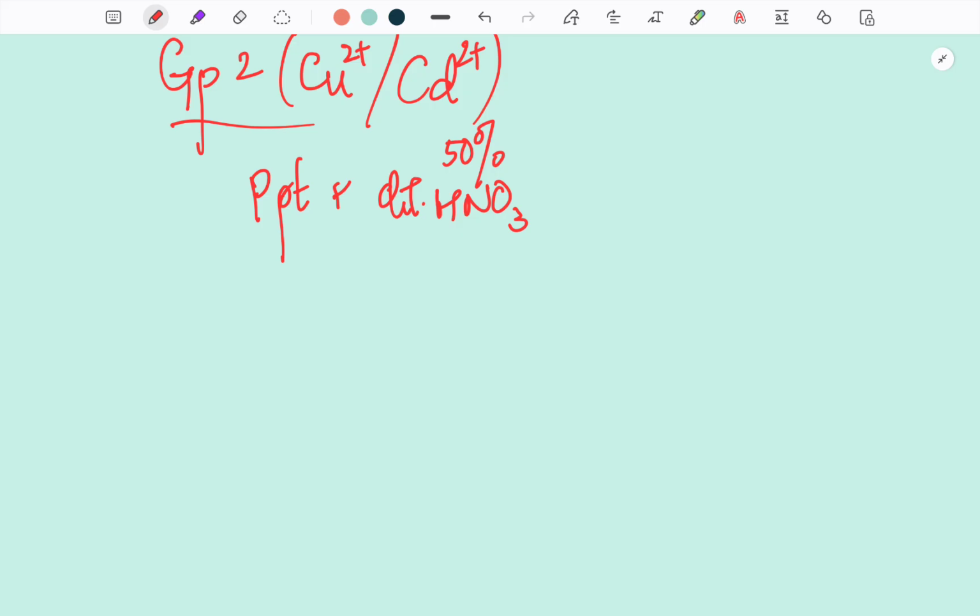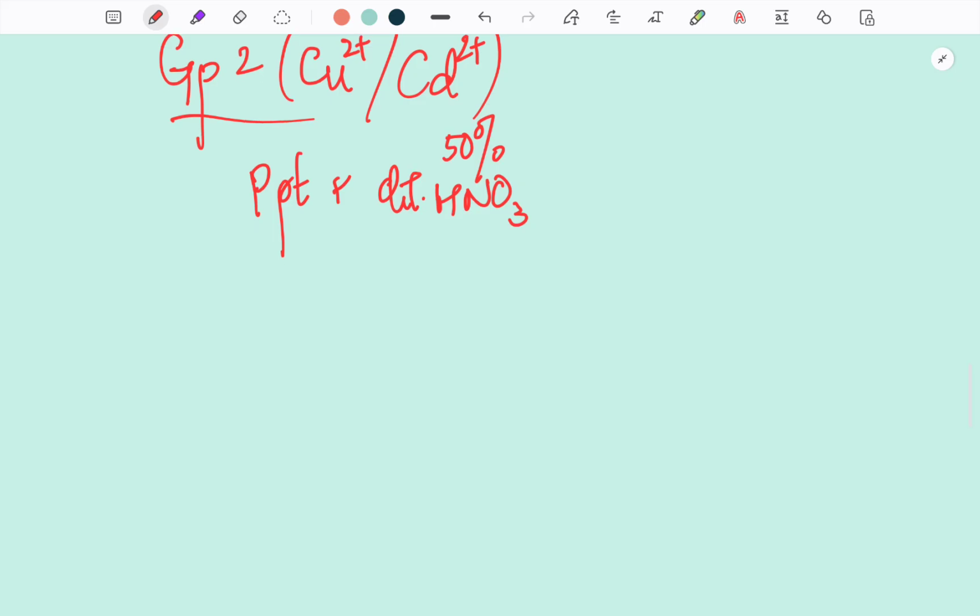So I'm continuing now. I was talking about the group 2 PPT. First you need to take the precipitate and add 50% dilute nitric acid. So you take the dilute nitric acid in a test tube and add an equal amount of water in case you don't have 50% dilute nitric acid.